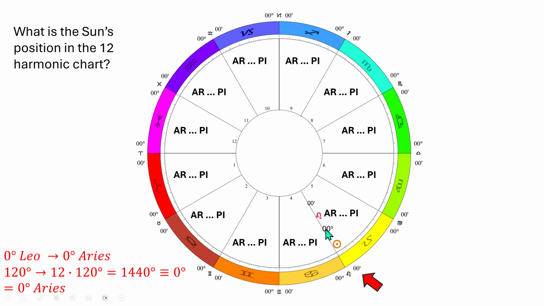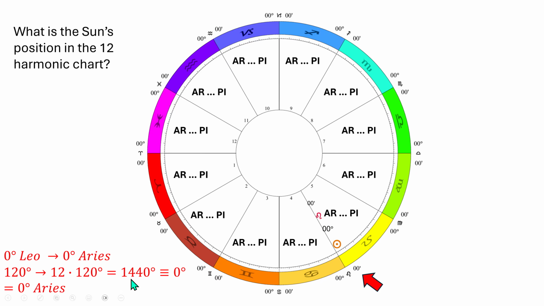And then in our 12 harmonic, looking at the diagram here, it looks like 0 degrees Leo will correspond to 0 degrees Aries. And if I multiply 120 degrees by 12, that gives me 1,440 degrees.